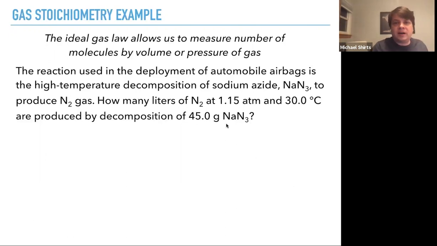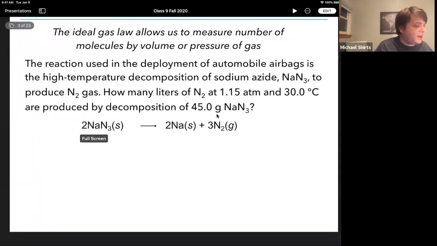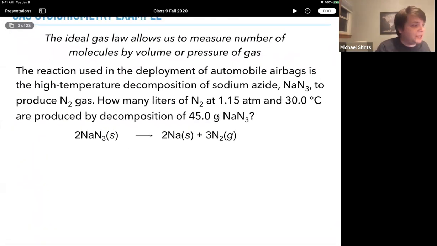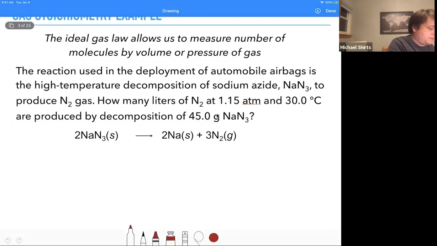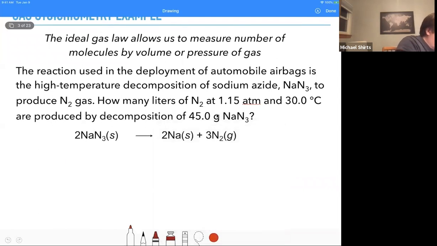So let's start. We have the equation here, and we'll need to look up or calculate the molecular mass of sodium azide. It ends up being 65.02 grams per mole.